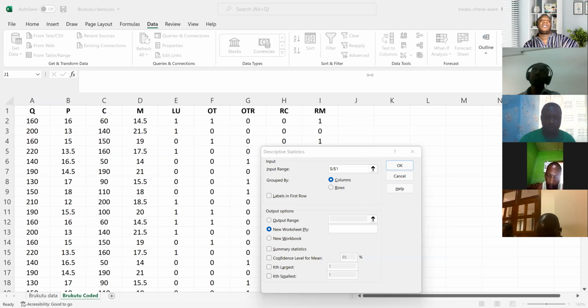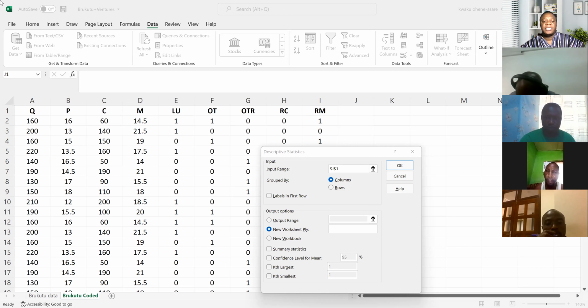So go to your file on the top left, and then you click on that, and then you select options. And once you click on options, the parameter dialog box will come.